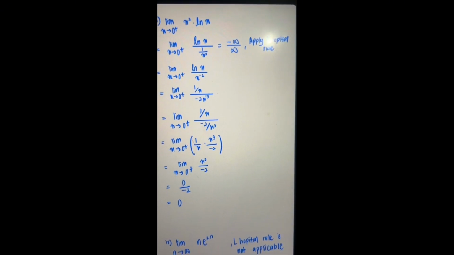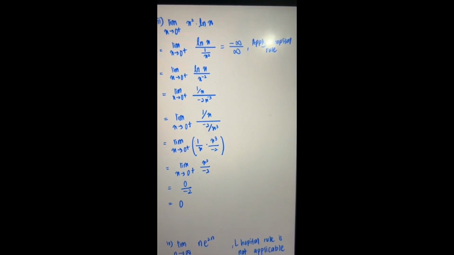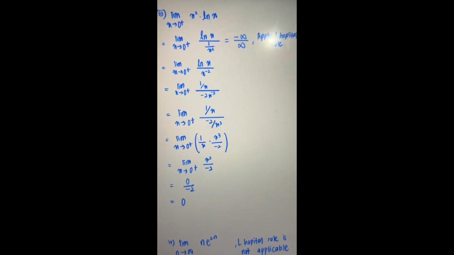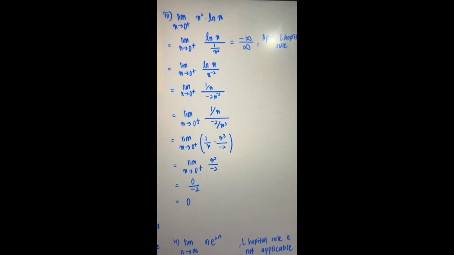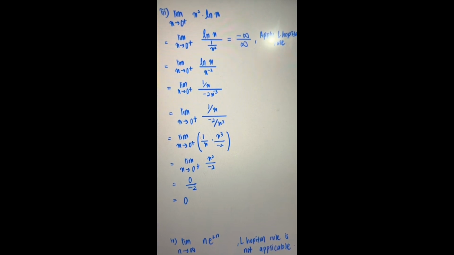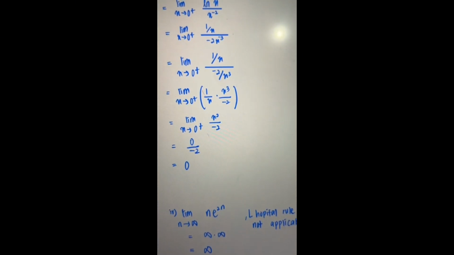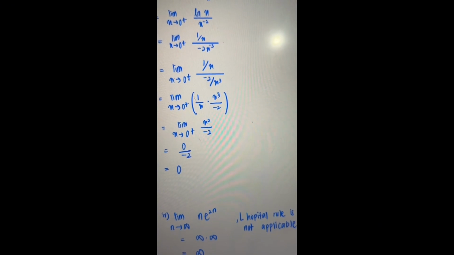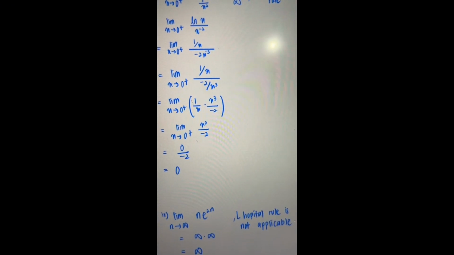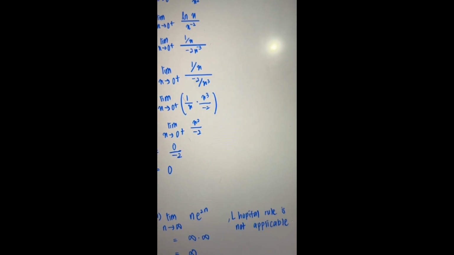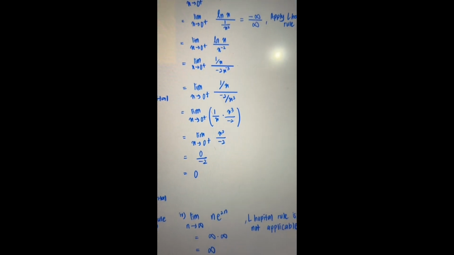We differentiate the top and bottom. I get 1 over x over negative 2 x power negative 3. When we simplify this, it becomes negative x squared over 2. So as x goes to 0, x squared goes to 0. So the whole expression goes to 0. Therefore, the limit is 0.